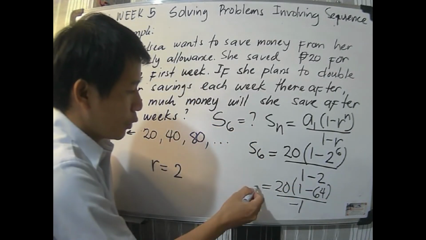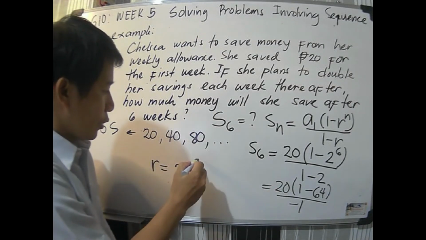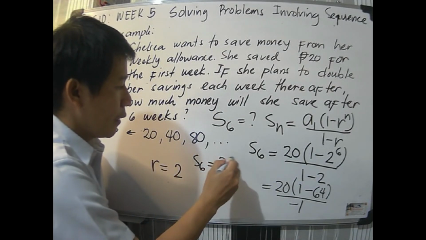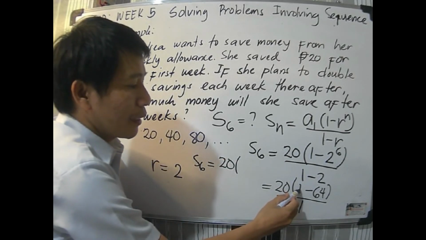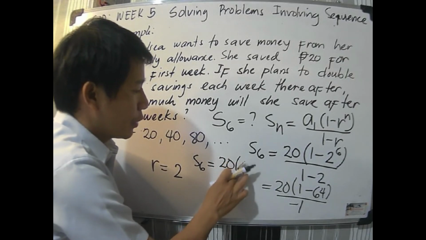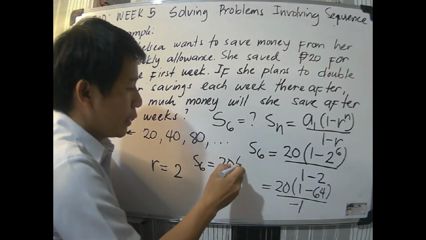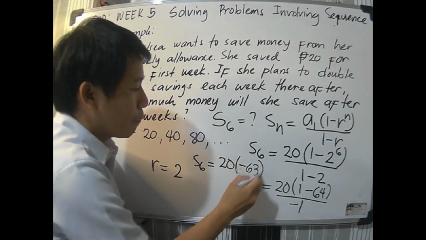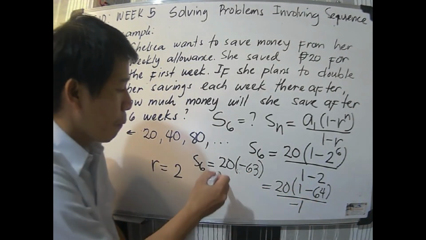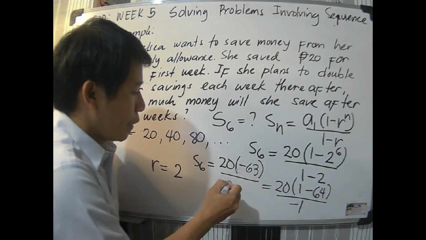Okay, let's continue. So, S sub 6 is equal to 20. Okay? Times, subtract natin, 1 minus 64, that is negative, sorry. Okay? That is negative 63. Okay? 1 minus 64 is negative 63 divided by negative 1.